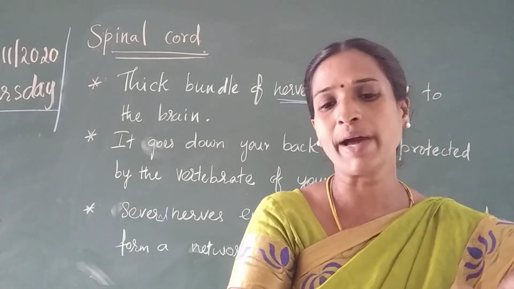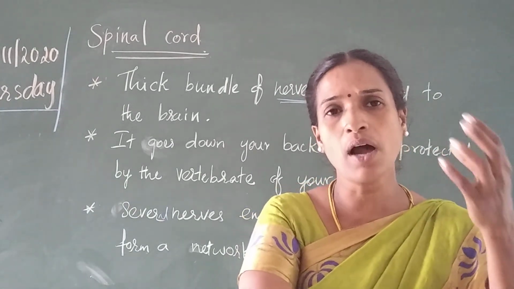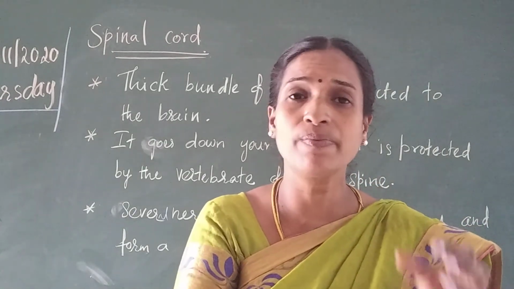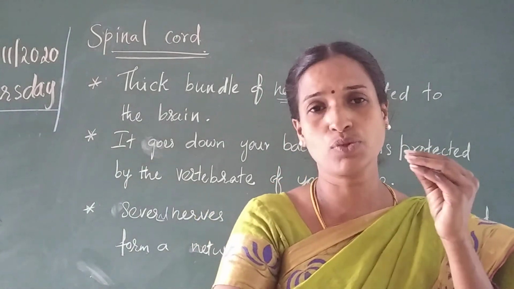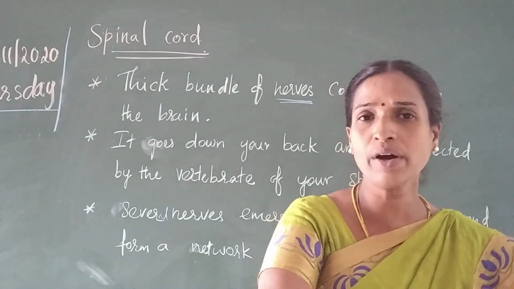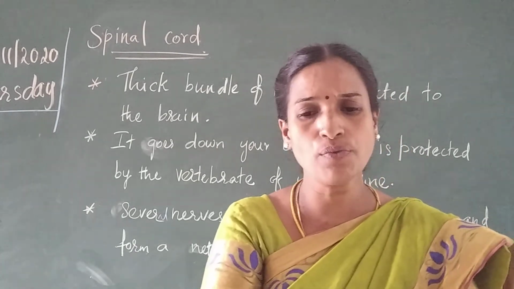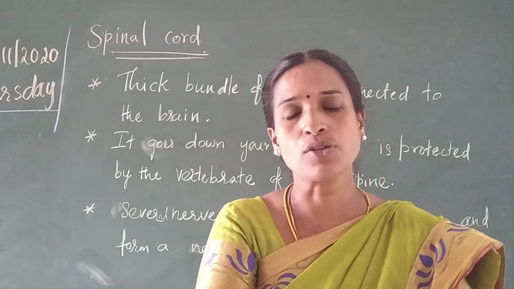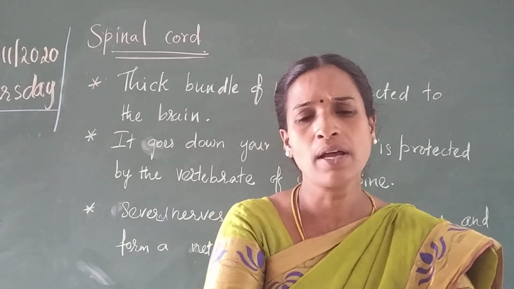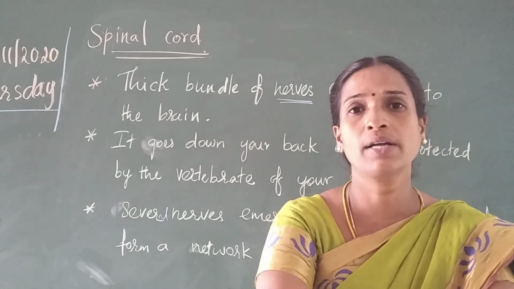Children, one more time I will tell you. The spinal cord is a long, fragile, tube-like structure. Fragile means very delicate; it can break easily. It begins at the end of the brain stem.